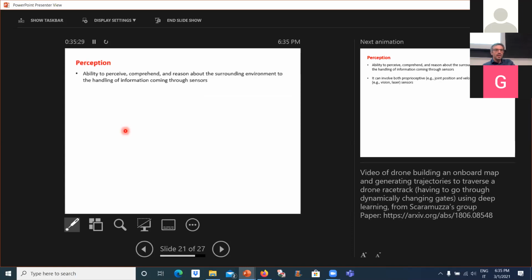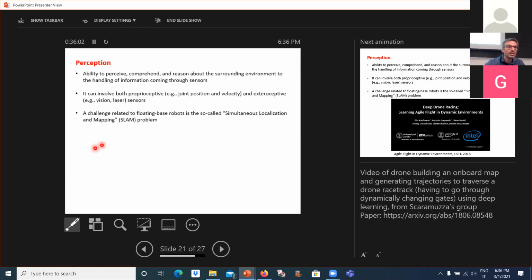Perception is exactly the ability to perceive, understand, and reason about the surrounding environment, and use this information, for example, from visual sensors. Perception can be divided according to the kind of sensor into proprioceptive and exteroceptive sensors. In the case of exteroceptive sensors, we will see we have vision sensors like cameras or laser sensors, infrared sensors.